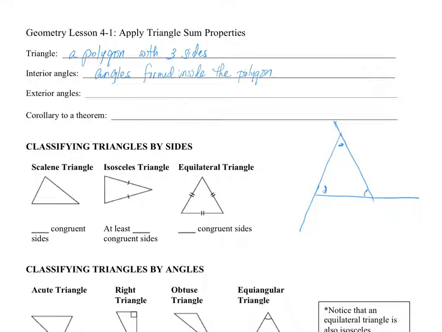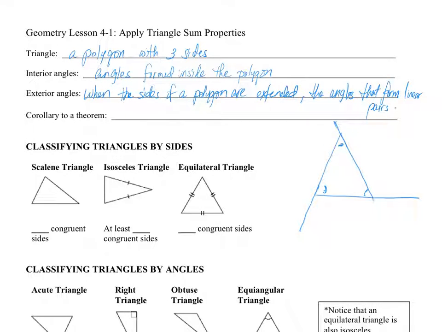And the exterior angles are when the sides of a polygon are extended. The angles that form linear pairs with the interior angle.